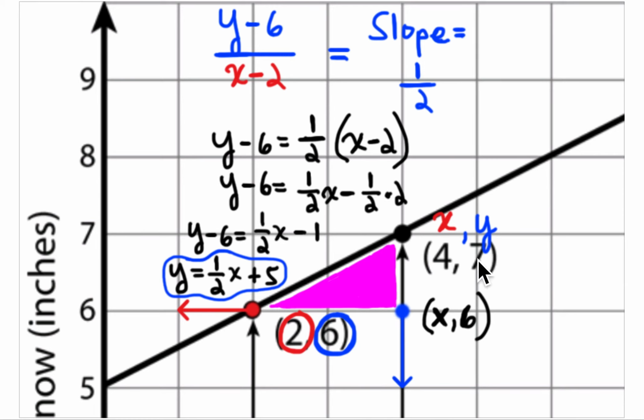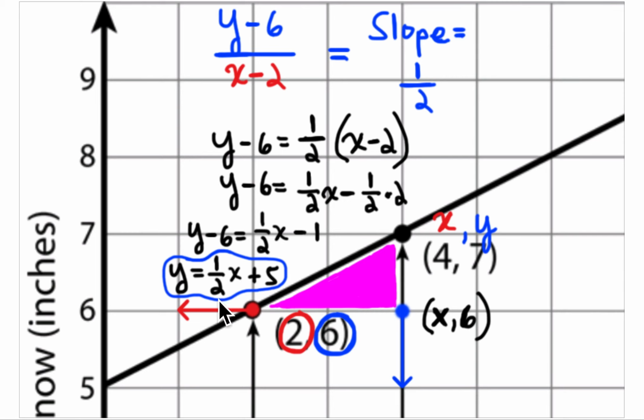Remember, before it was 7 minus 6 to get the slope. And then that is divided by the horizontal change, which is x. So this is where you end up. This is the x value, which for this coordinate was 4, but now we're calling it x. And you have to subtract the beginning amount, which was 2. You subtract that 2.